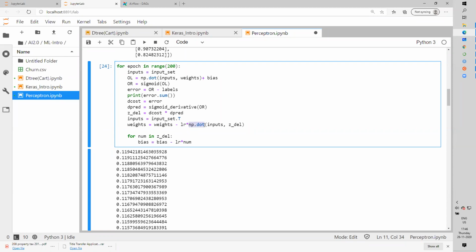This is going to generate the dot product between the inputs and the derivatives that we have for each of those observations. So that way we would get this. So this is the gradient descent.